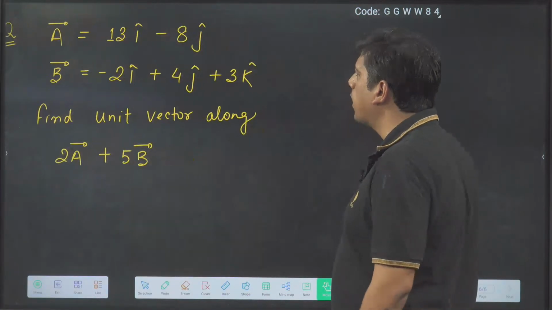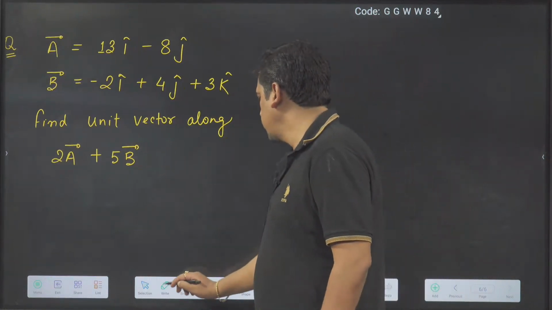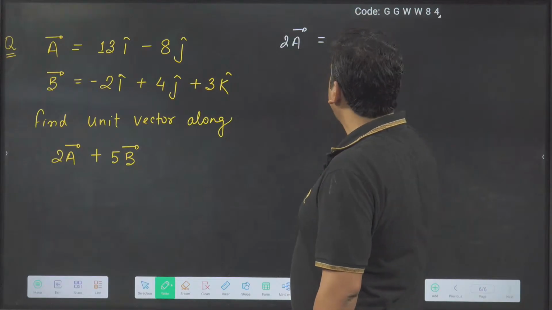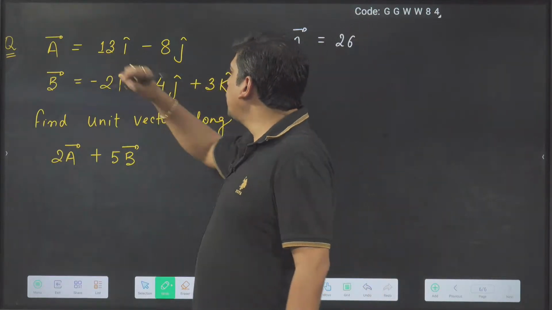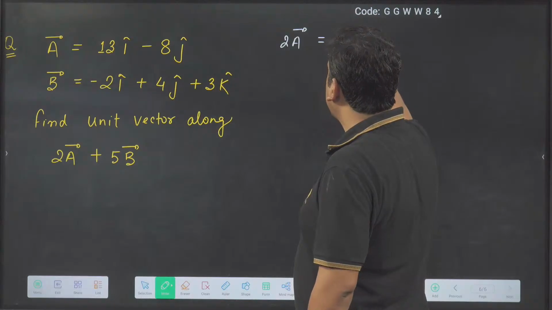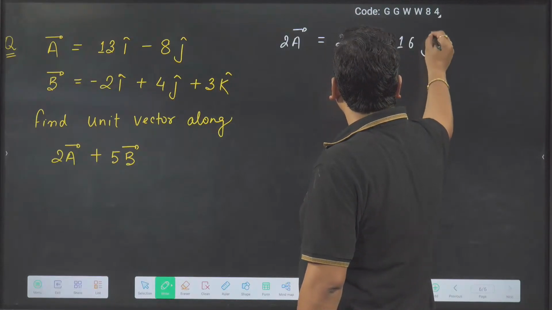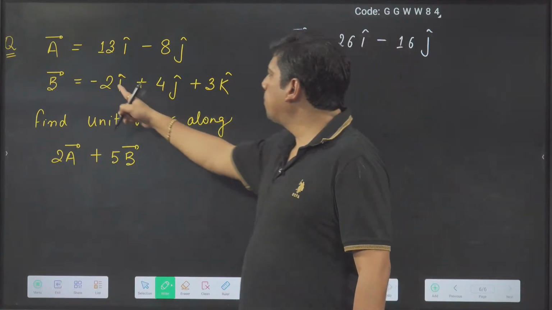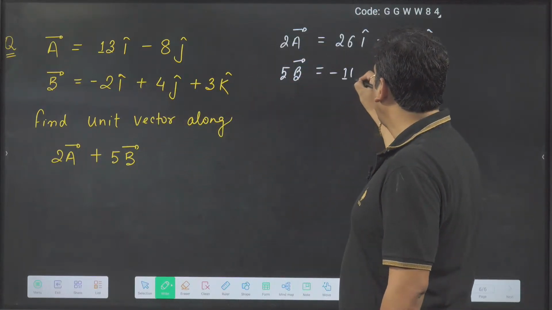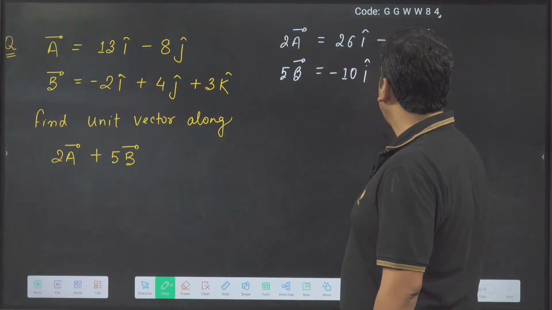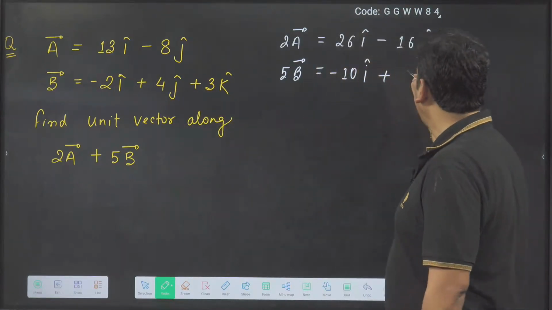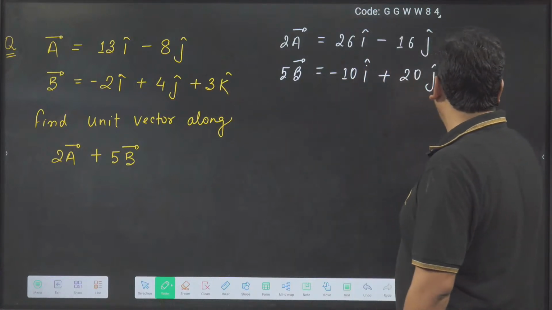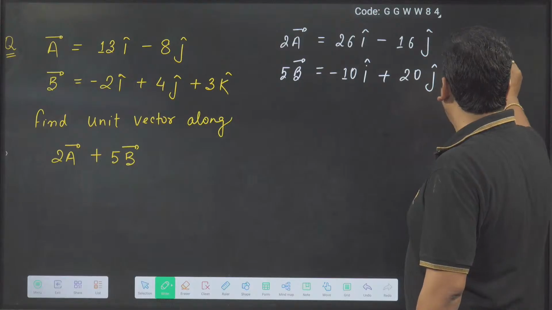Okay, so first we will write 2a vector, which is multiply 2 here. 13 into 2, 26 i cap, minus 8 into 2, 16 j cap. 5b vector is minus 2 into 5, minus 10, 4 into 5 plus 20, and 3 into 5 plus 15 k cap.